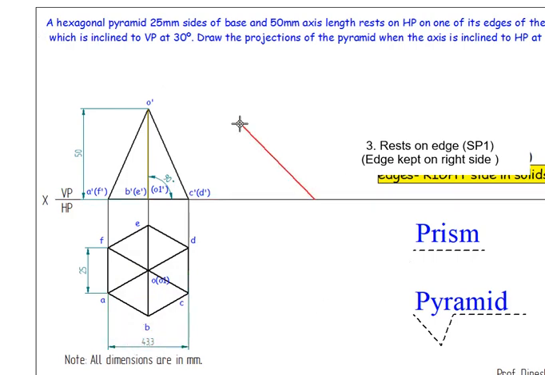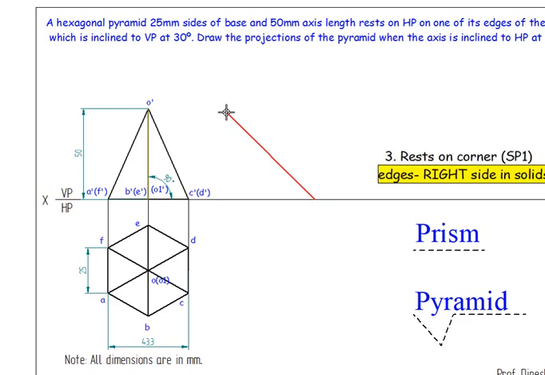So I'll take this point 43.3, so this is the base. So I'll take this measurement, which is the slant length, measurement is 54.49. So I'll cut an arc 54.49.